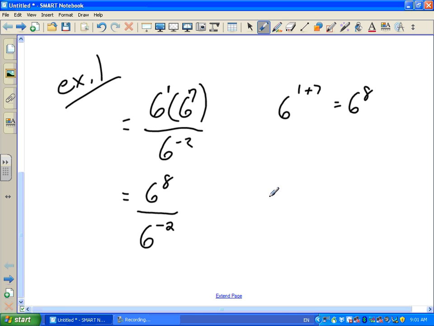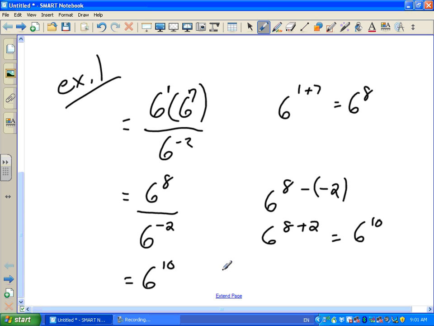How did you get that? Okay. So we have to subtract the exponents, 8, subtract negative 2. And we know that's going to end up being 6 plus 2. So our last answer there is 6 to the power of 10. I'm pretty sure that was example 3 on today's work. Oh, no, it's a little different.